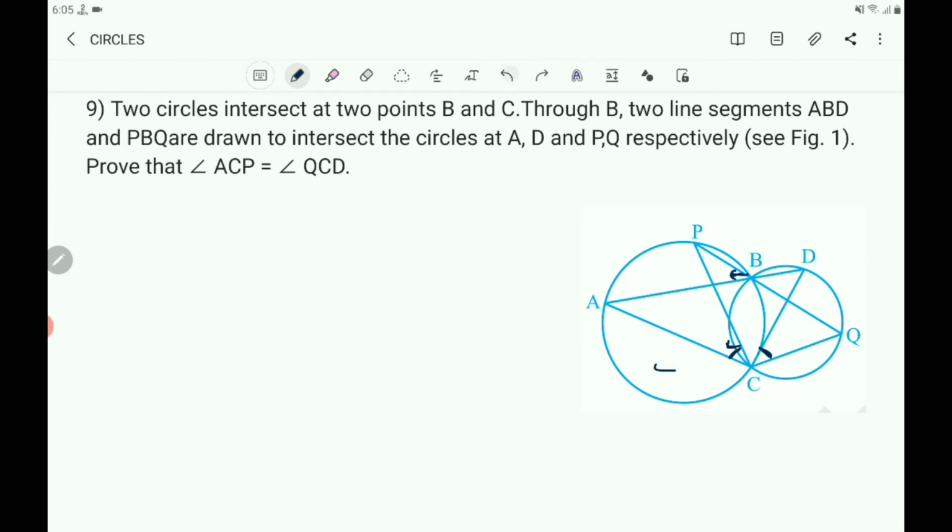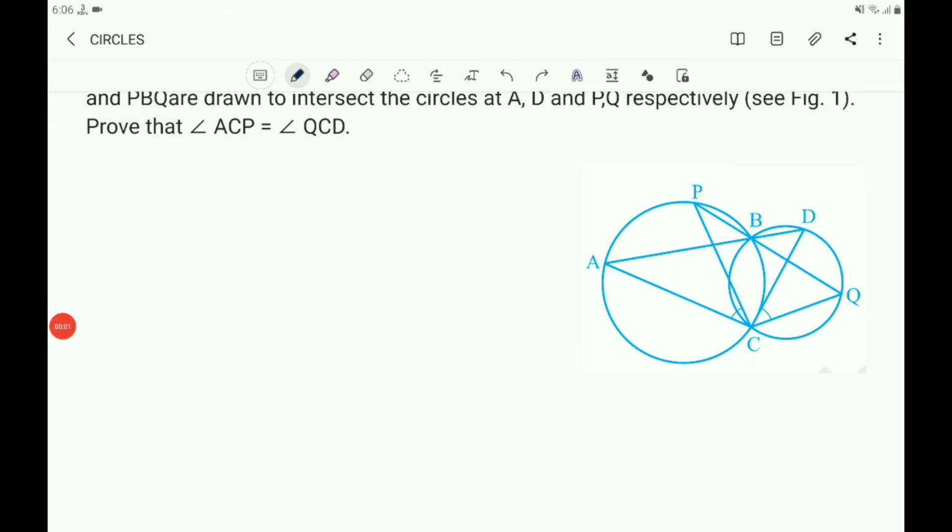So you take that. And also these two angles are equal. Why are these two angles equal? They are the angles which are at the common vertex and opposite each other, which are called vertically opposite angles.